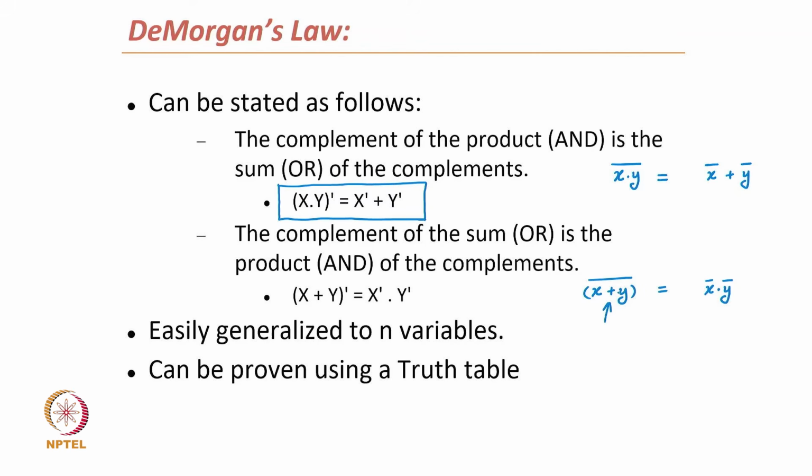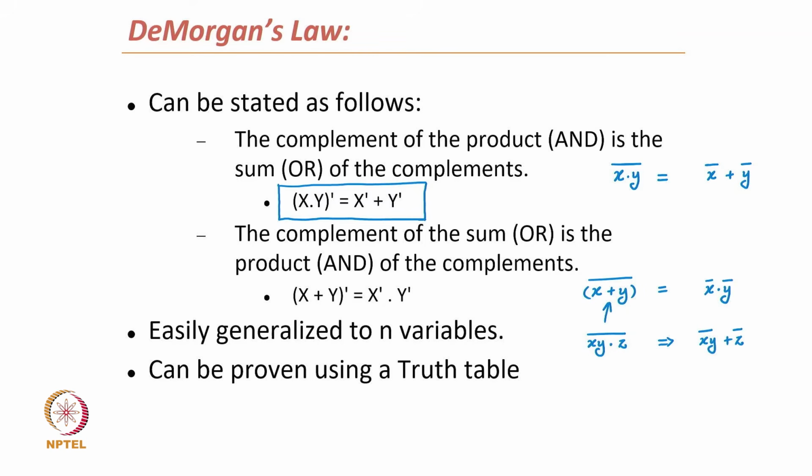There need not be only two variables. For example, x dot y dot z with a whole bar can also be written as x bar plus y bar plus z bar, with a bar on each individual literal.